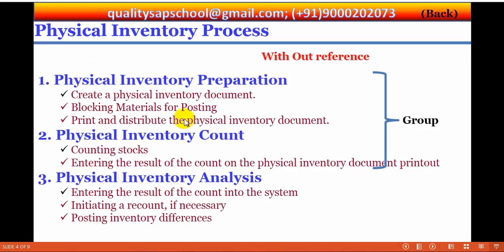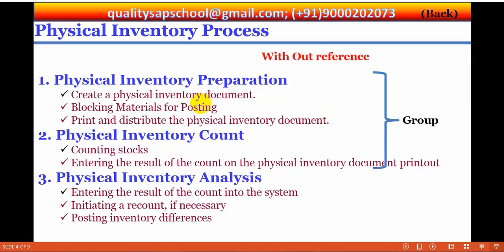But in the earlier case, it is without reference, because this is the start, initiating both of them at the same time. There is no physical document before, so we have to go without reference only. Document creation and counting are both done at a time, so we cannot use any other physical inventory document.